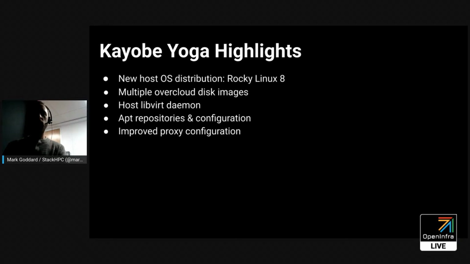We've got support for deploying libvirt as a daemon on the host rather than in a container. And the reason we went down this path is to unlock mixing of host OS distribution and container distribution. So that might mean we could do something like having Rocky Linux on the host and CentOS Stream in containers, or perhaps even something more extreme than that.